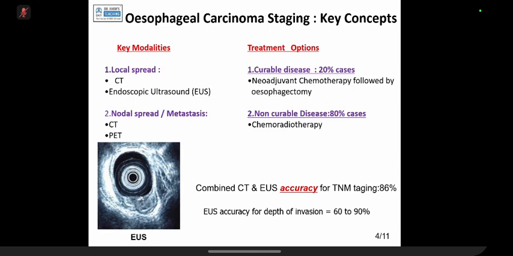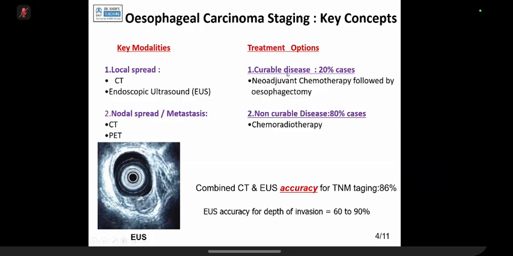Game changer, right? If there is a lower esophageal tumor and there are metastases in the gastroesophageal junction around the stomach, we call it the lesser omentum, it's fine because they can remove the tumor as well as those mets. But in the abdomen, if there are nodes in the retroperitoneum, it is considered metastasis. So that is why all patients have a PET CT also.